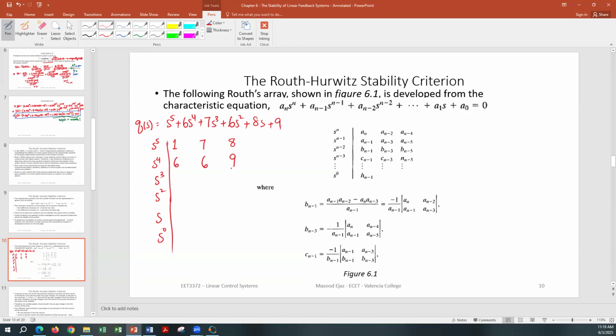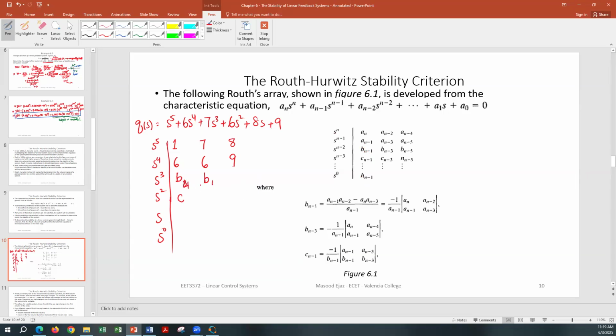And now to calculate the row for S cubed, I have Bn minus 1. Usually I just write down B3, B1, and okay, so let me, so n is 5. So 5 minus 1 is 4.